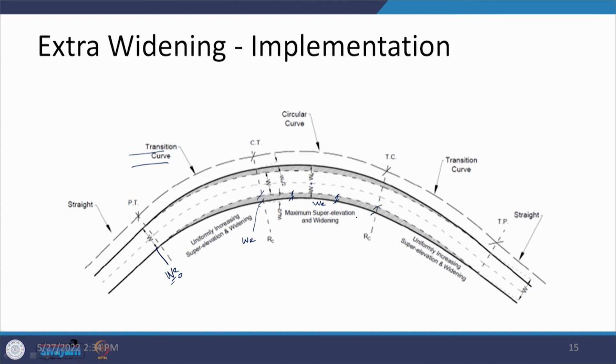At the end of the circular curve again it is We, and then it starts reducing and becomes 0 at the end of the transition curve, which is provided on the other side of this section. And the width of the carriageway is W, therefore, at a circular section the width of the carriageway is going to be W plus We. So, this is the total width, W plus We. We are going to consider this W plus We again when we talk about the lengths related to the transition curve.